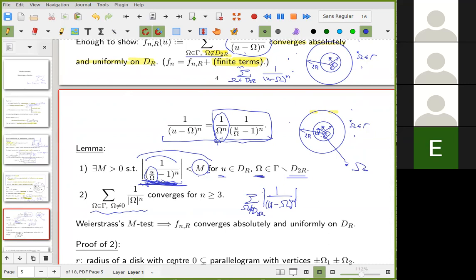We want to estimate this part, this series, and this is equal to something.